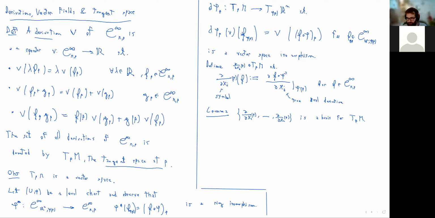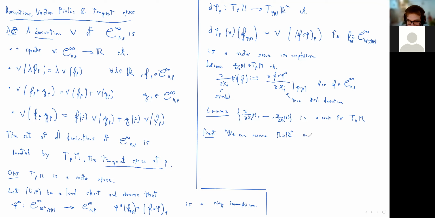Let's prove it. So we can assume simply that M equals R^n, because all of these are isomorphisms. I'm defining it this way, but then I can simply think of this as the actual derivation on R^n when we fix a chart.